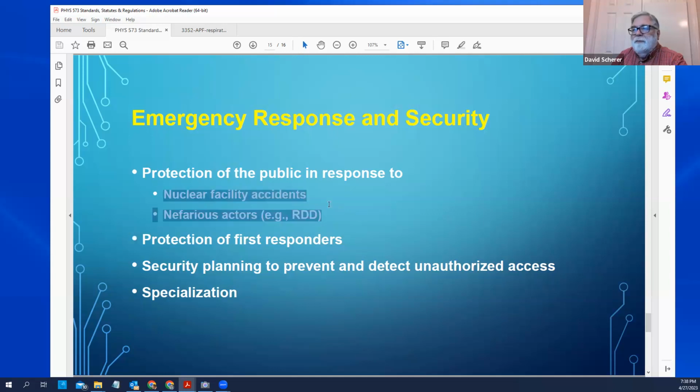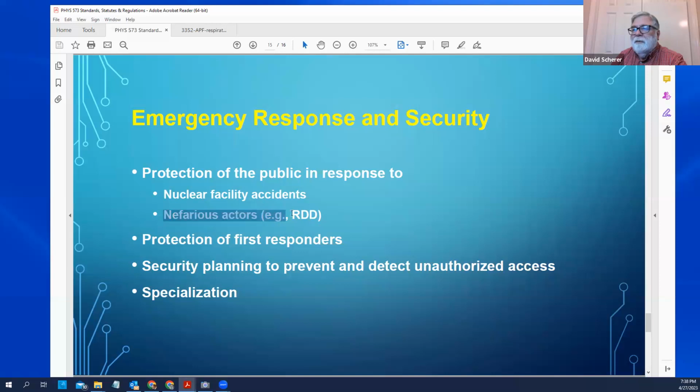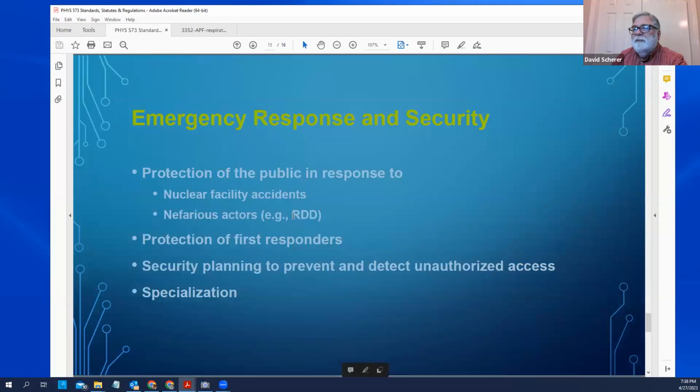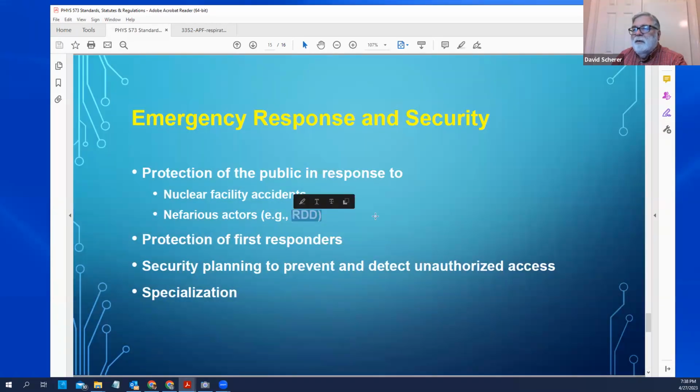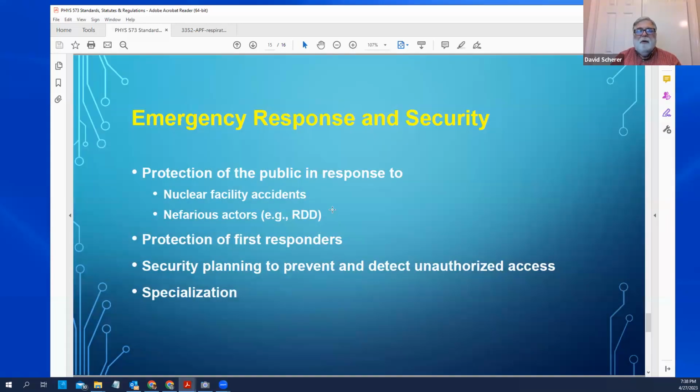These are from nuclear facility accidents and also from nefarious actors. A radioactive dispersal device, or RDD, is called a dirty bomb. It's possible that a terrorist or some nefarious actor could get hold of radioactive material and explode it with a conventional explosion so that it disperses radioactive material in some important location, creating havoc and panic in the public.